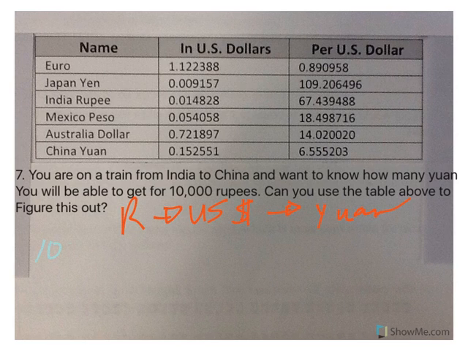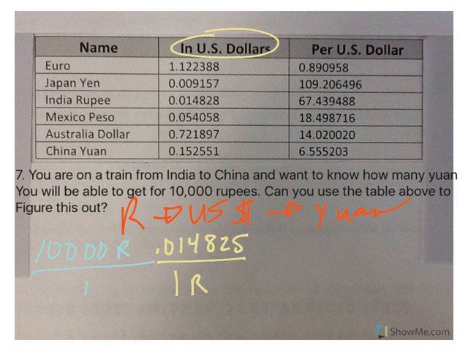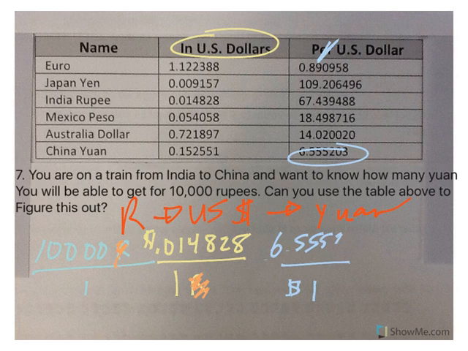So if I have 10,000 rupees, well, 1 rupee, that's in US dollars, would be $0.014828. So that right there makes my rupees go away. Then I could say that 1 US dollar, so now we're in per US dollar, and we want to go to Chinese yuan, that's this, 6.555203 Chinese yuan.